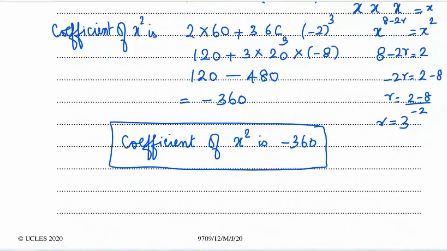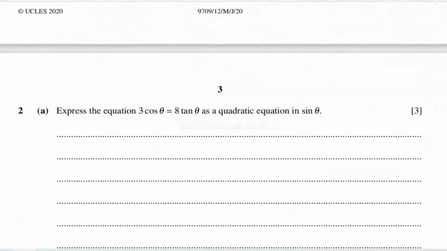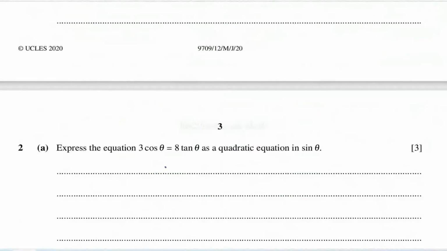Now the question number 2. Express the equation 3 cos theta equal to 8 tan theta as a quadratic equation in sin theta. So the given equation is 3 cos theta equal to 8 tan theta. We can write tan theta as sin theta over cos theta.